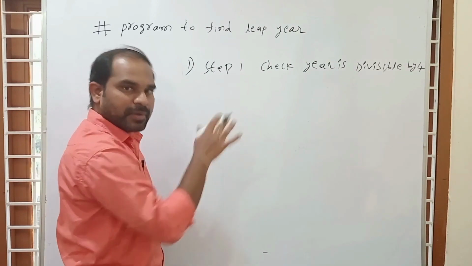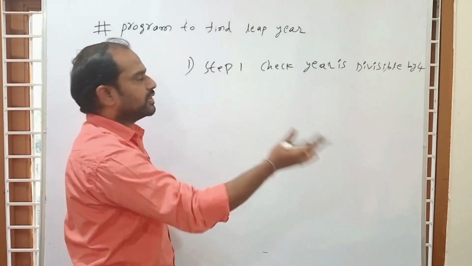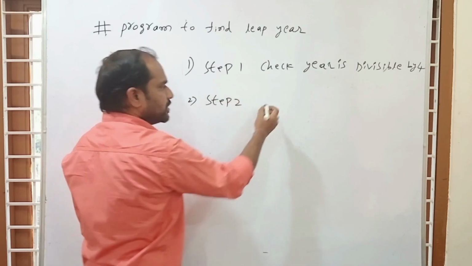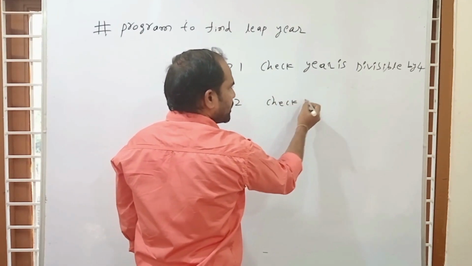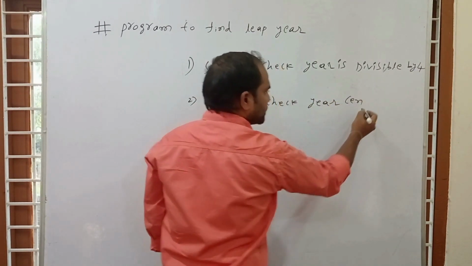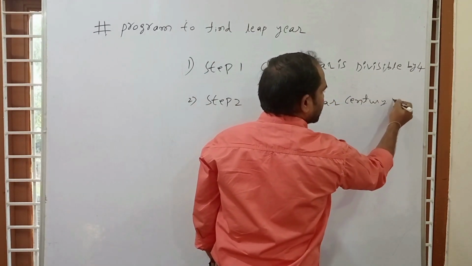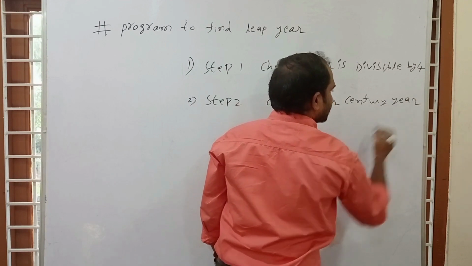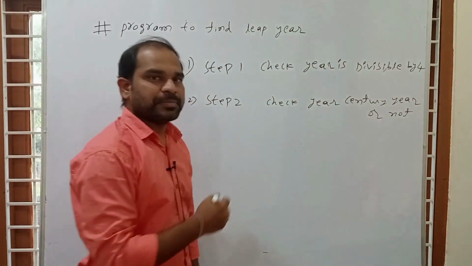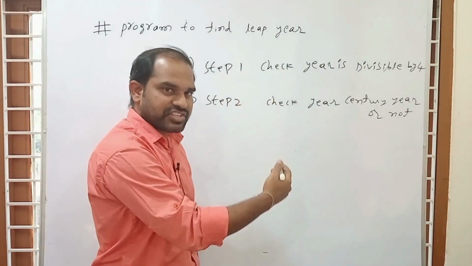If it is divisible by 4, then we move to the next step. So what is step 2? Check whether that year is a century year or not.